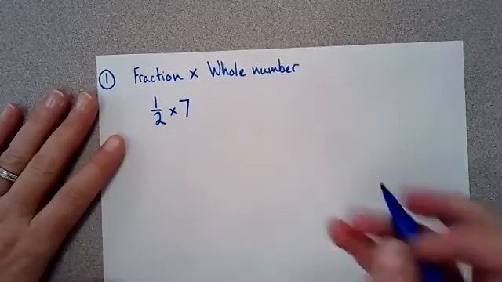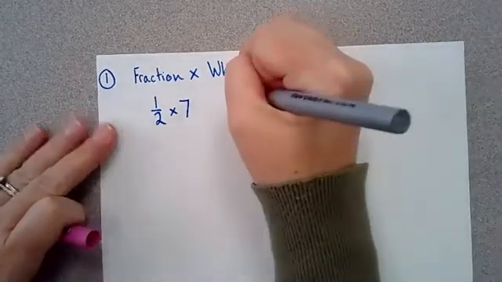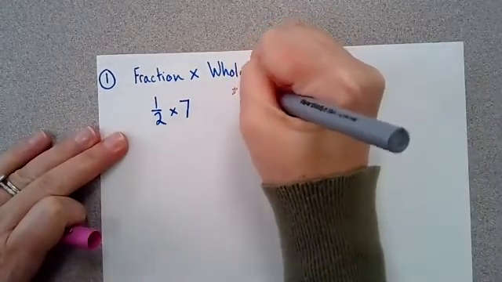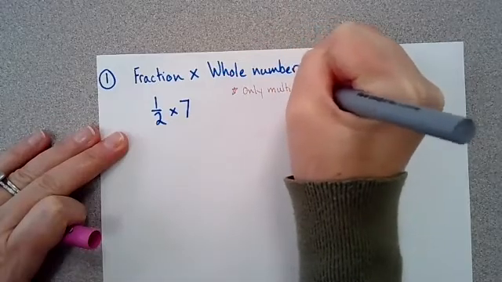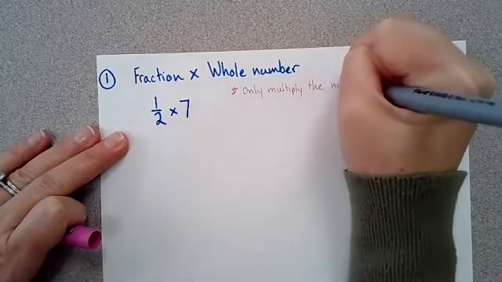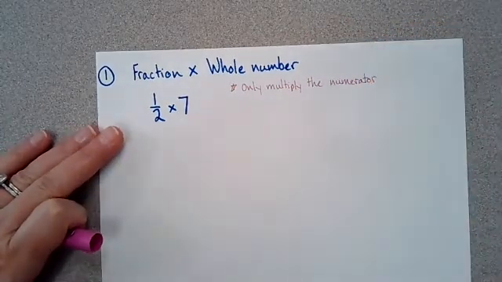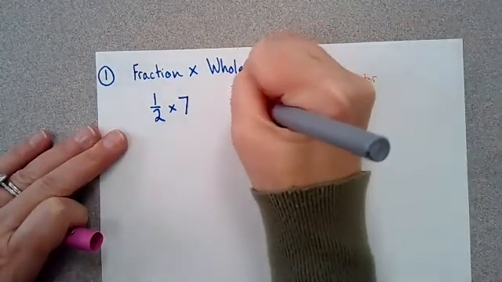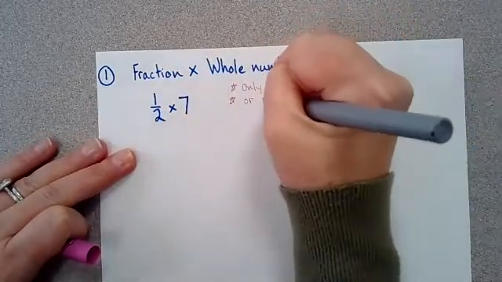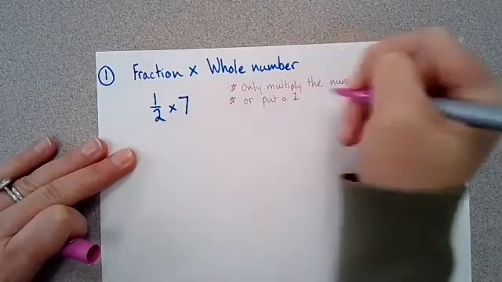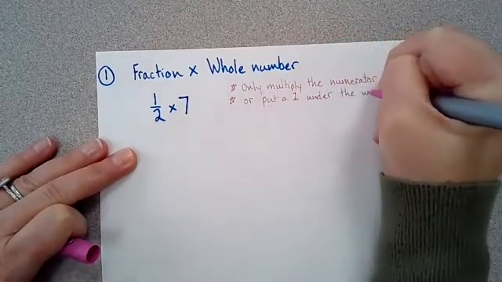Okay. So when you have a fraction times a whole number, write this here with a star on it, you only multiply the numerator, or you can put a 1 under the whole number.